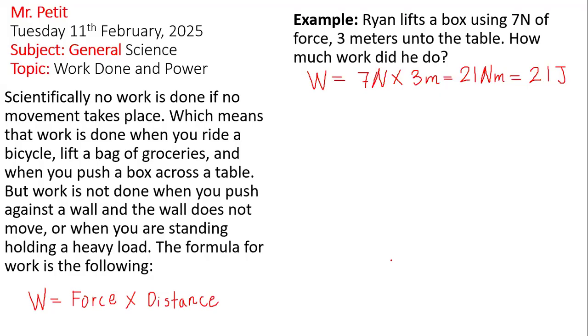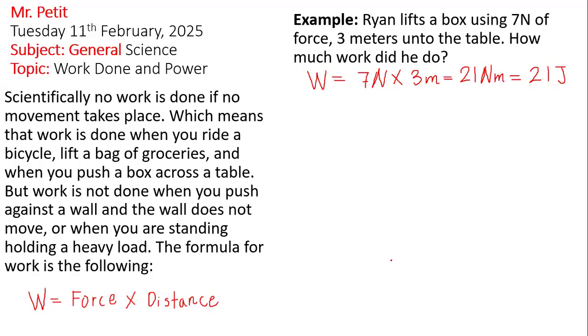So how do we find the work? Work is force times distance in the direction of the force. What's the amount of the force? 7 newtons, very good.